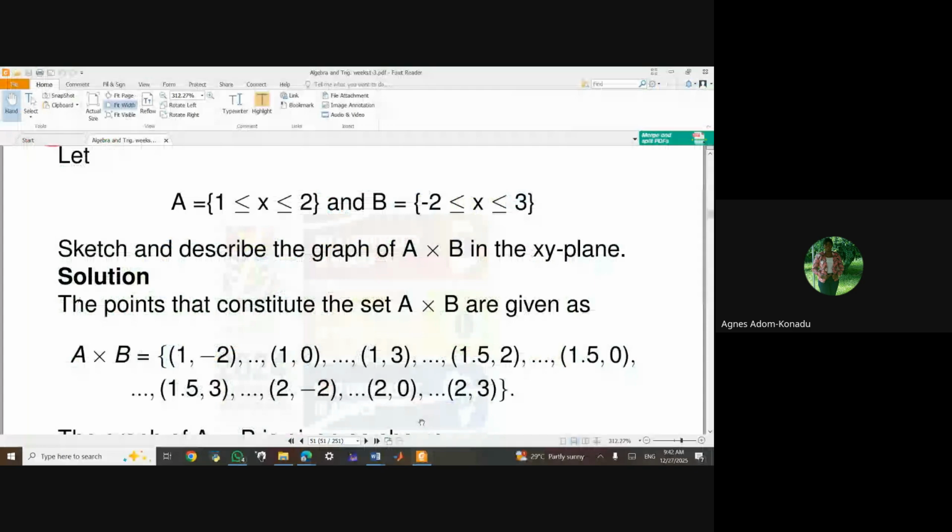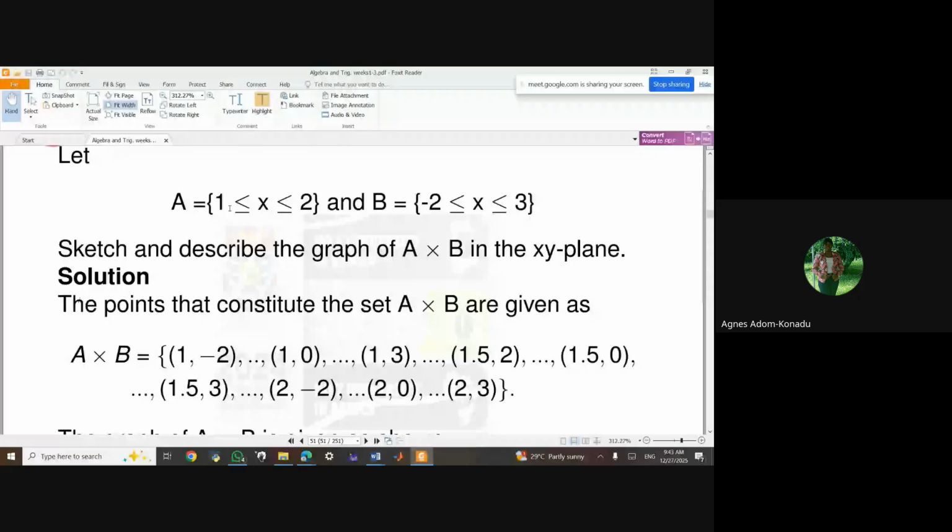Okay, so it's because we want to sketch. Here we are told that X is greater than or equal to 1. Between 1 and 2, you know that you have infinitely many points.